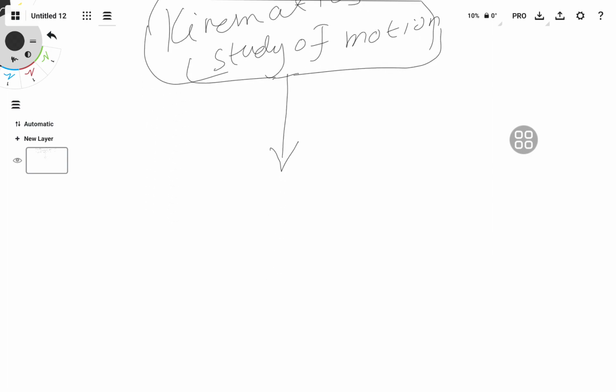We will have study of things like displacement and distance, which are the main core ideas. Distance plus displacement.